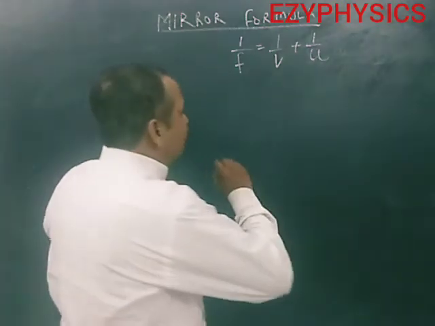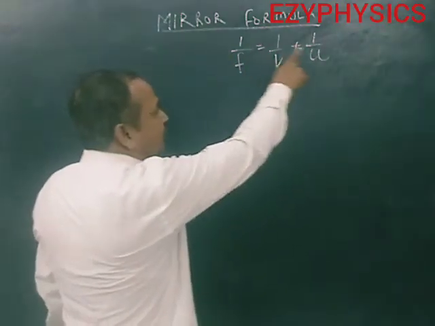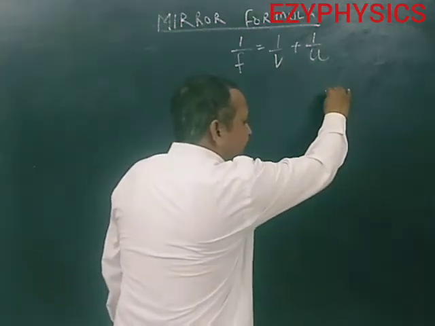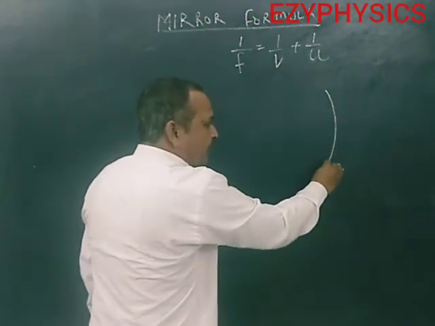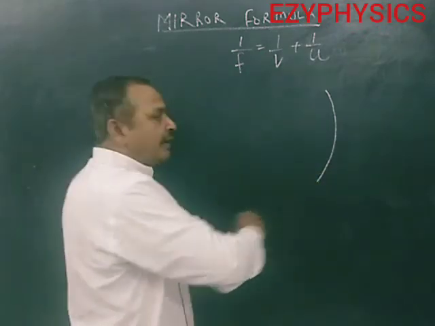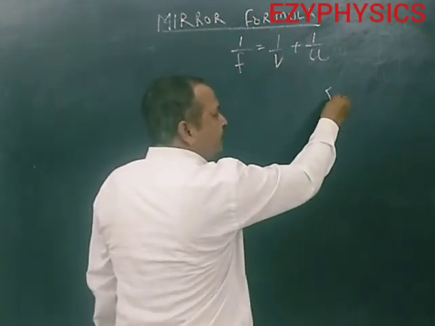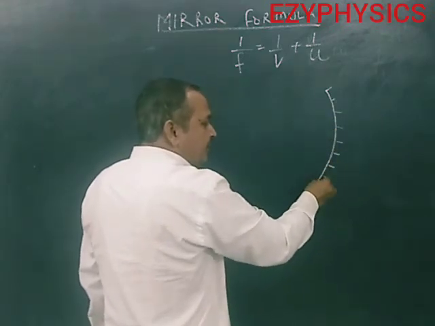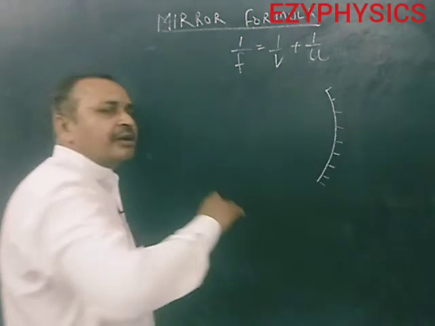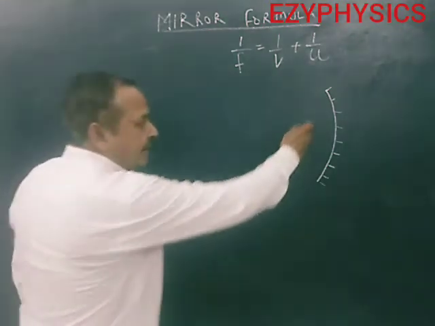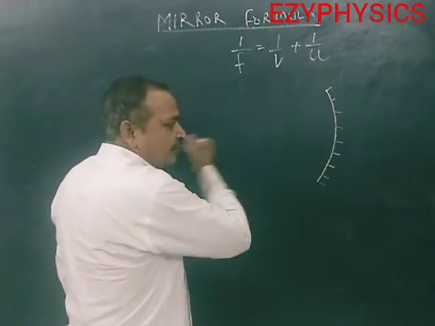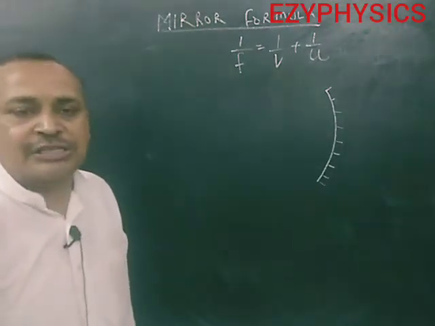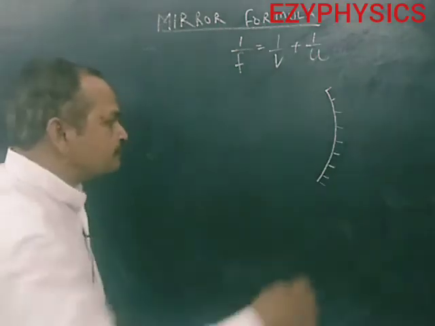Now, because we are talking about a mirror formula, let us take one of the very important mirrors, that is a spherical mirror. And you know, when we put these marks over here, it means this side of the mirror is polished, and this particular side which is on my left is shining, or this is the reflecting side.